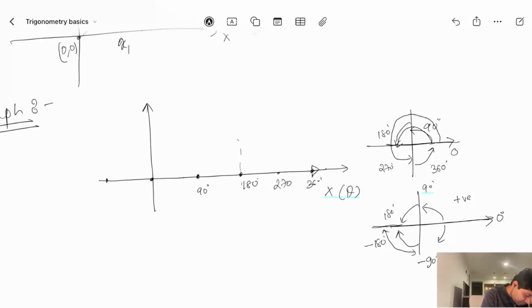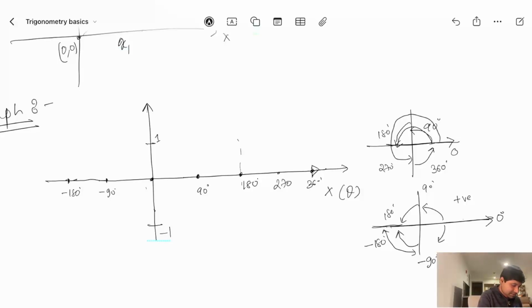So I can point it here minus 90, and then I have minus 180. Okay, so we already know the values between 0 to 90, so let's say this is 0 and this is plus 1, this is minus 1. What is the value of sine at 0?